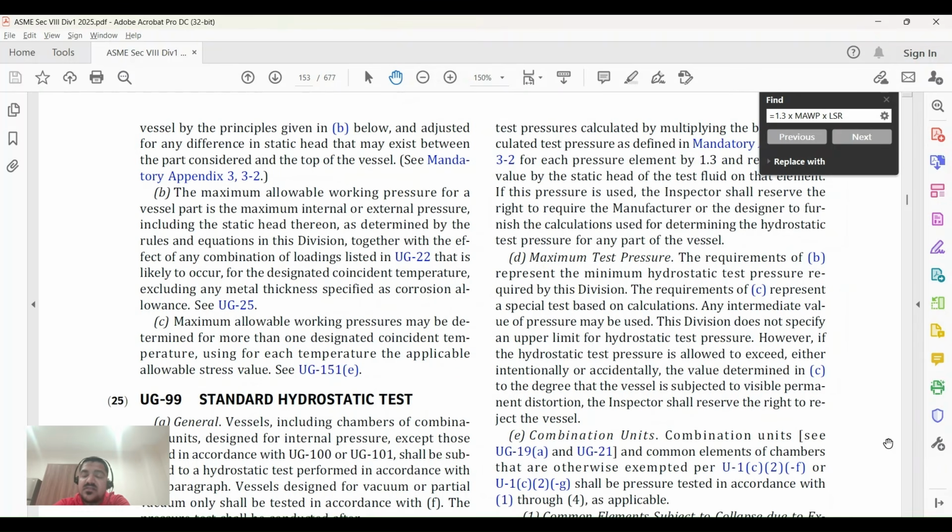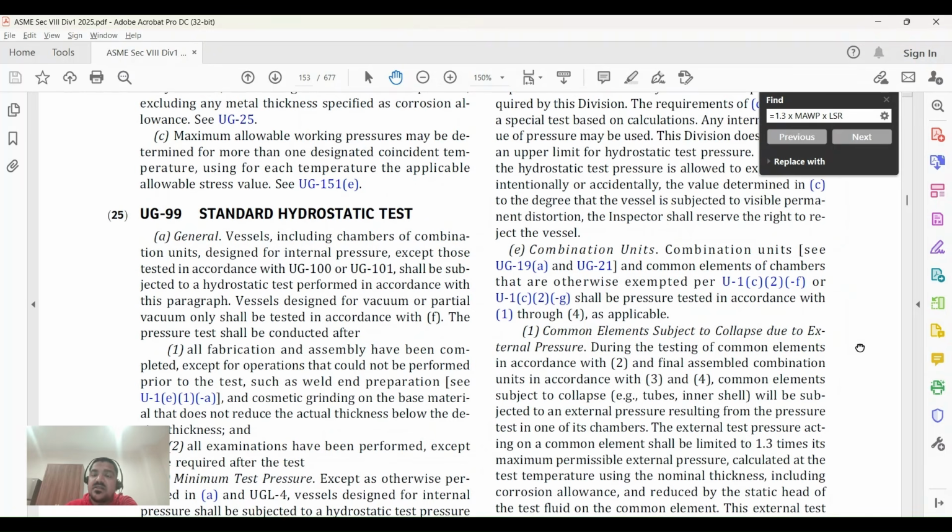If something comes up as an observation by the inspector, he definitely has all the rights to reject the particular vessel if it is the case.